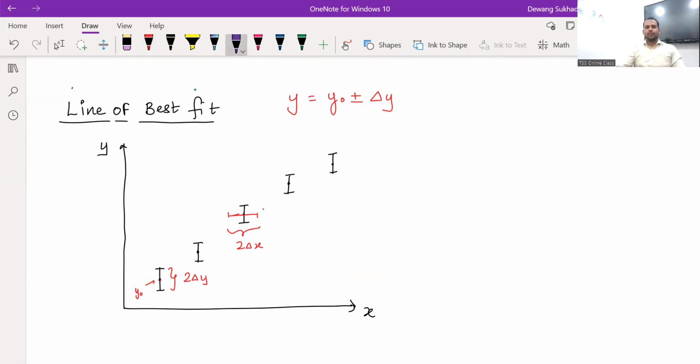Now, if I want to plot a line of best fit, the rule is that the line of best fit should be smooth. A smooth line means it should be either a smooth curve, a straight line, or something like that. Second, it should be passing through all the error bars.